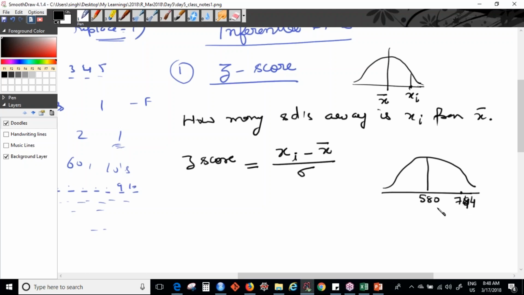Okay, so here what you are doing is you are trying to find a z-score. So the calculation that the software does when you give that command is nothing but it first finds the z-score. So z-score in this case will be 744 minus 580 divided by the standard deviation, and you will get around 2 point, no, slightly less than 2 is what you will get. Okay, you will get around 1 point some 8 or 9, around this number you will get.